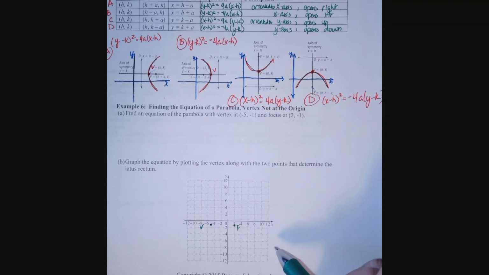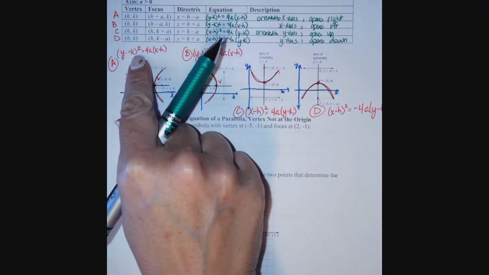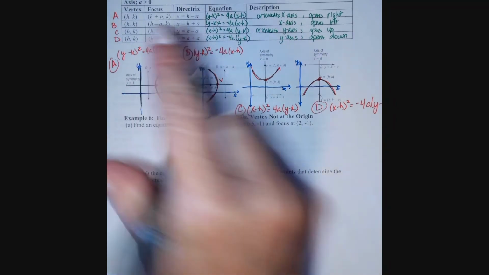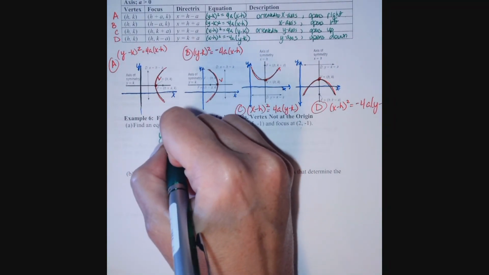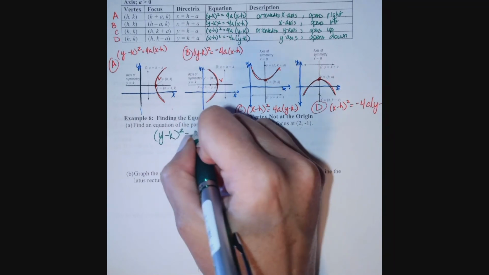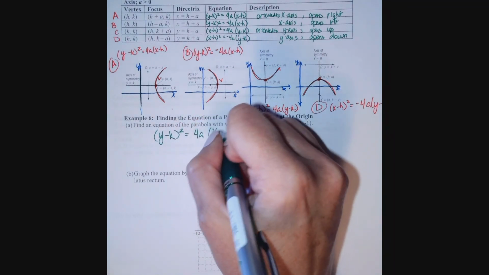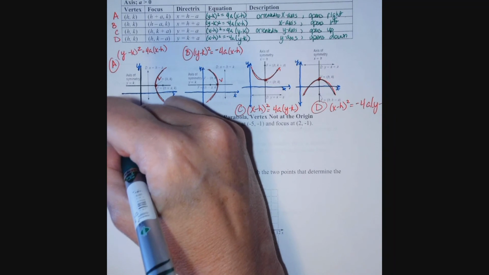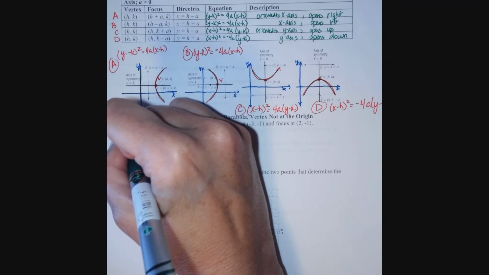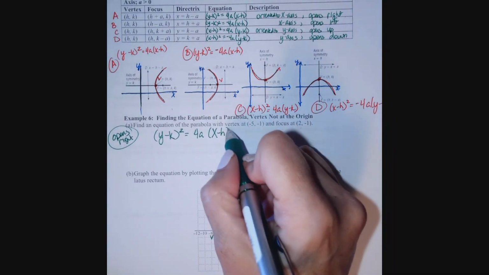Well, the location of the vertex and the focus tells me immediately that my parabola opens to the right. If it opens to the right, this is the equation I'm working with: y minus k quantity squared equals 4a times x minus h, because my parabola opens to the right based on these two points that I was given.